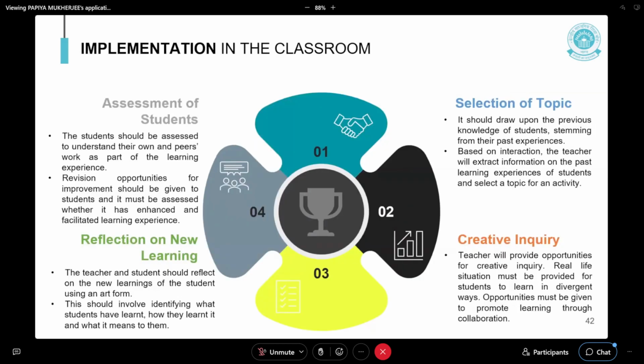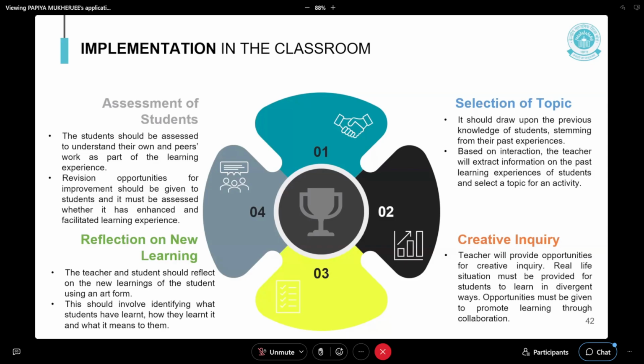Well, assessment and implementation of art integrated learning. What would be the steps that would be required? One of the challenges of art integrated learning is assessment. How do we initiate art integration in our classes? First, the major step would be selecting a topic.